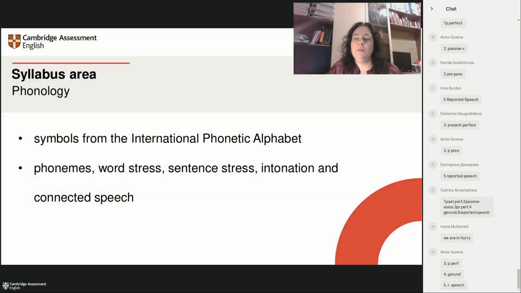Okay, let's move from grammar to phonology. Now, this area is another interesting one. Again, if you are really into that, perhaps I can recommend the book by Roach on phonology.